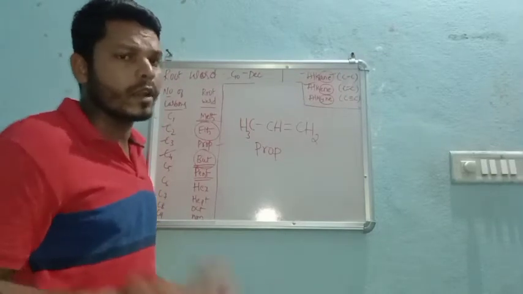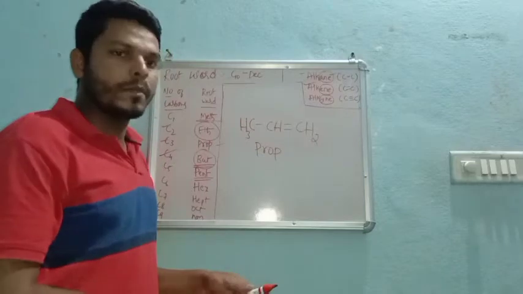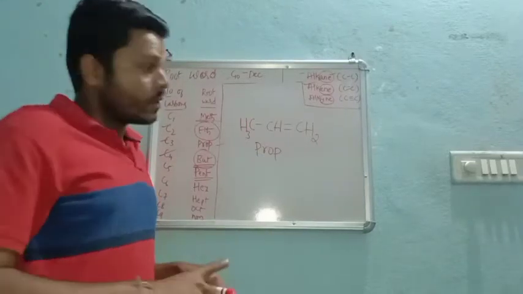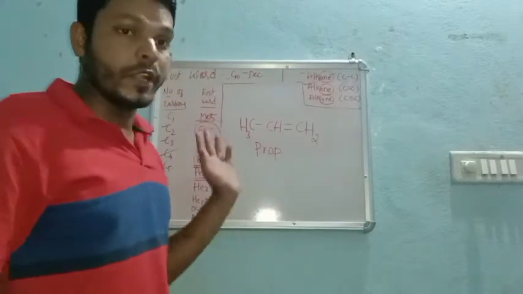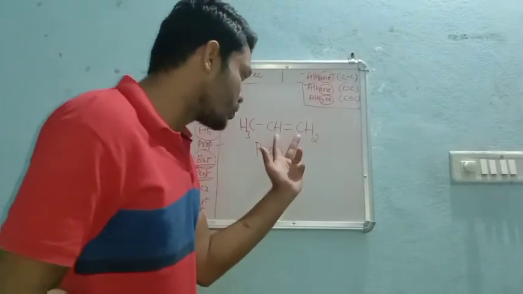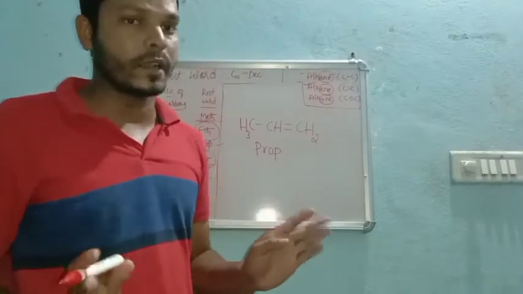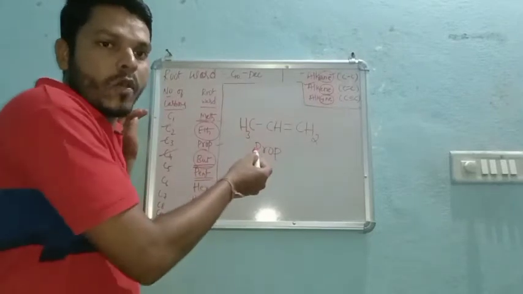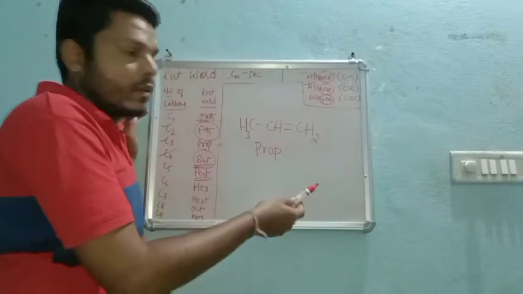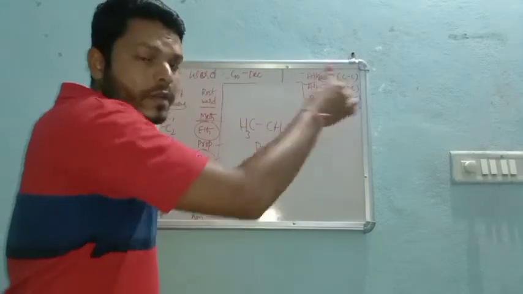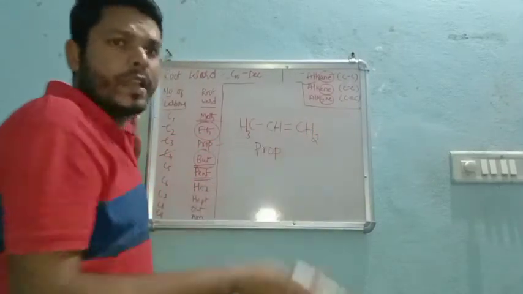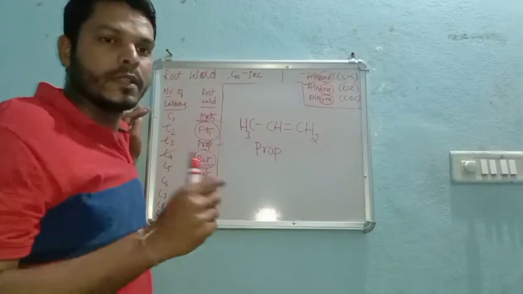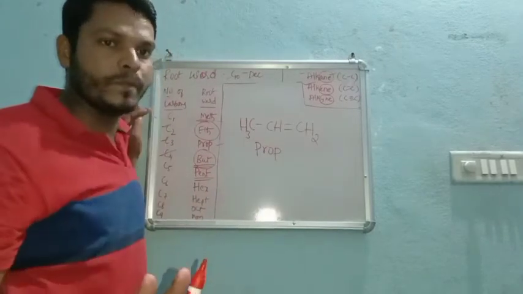If it is triple bonded, it is unsaturated; if it is double bonded, it is unsaturated. We cannot say it is saturated with respect to these two carbon atoms and unsaturated with respect to these two. We have to see the whole given compound. If a double bond is present anywhere, in the middle or at the terminal position, wherever it may be, then definitely it will be unsaturated, of type alkene.